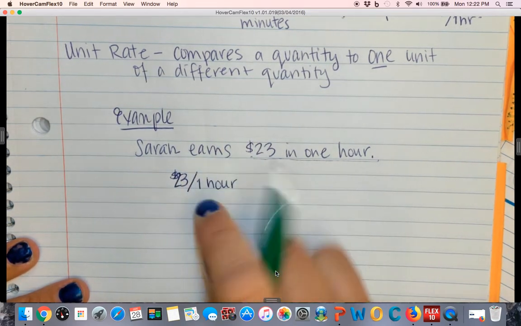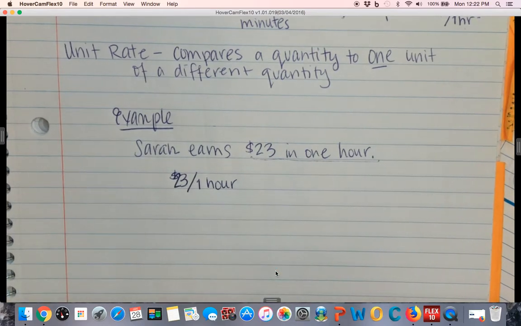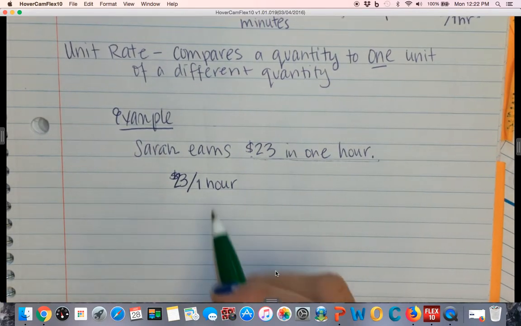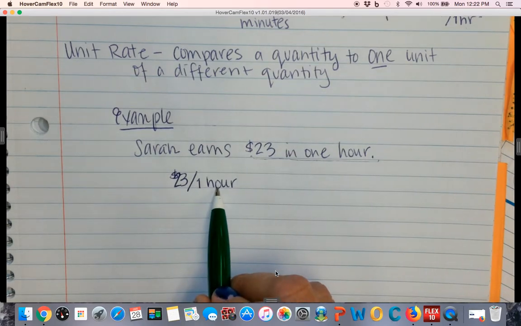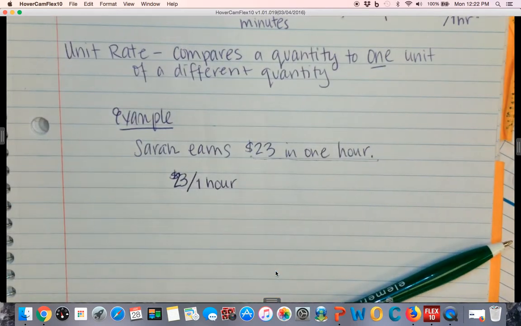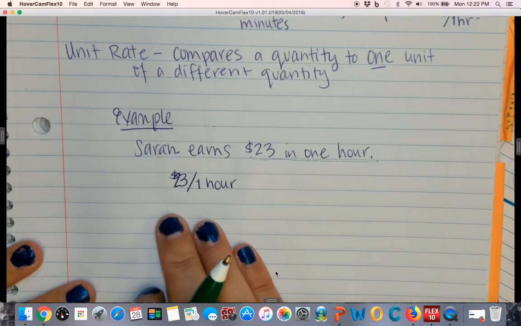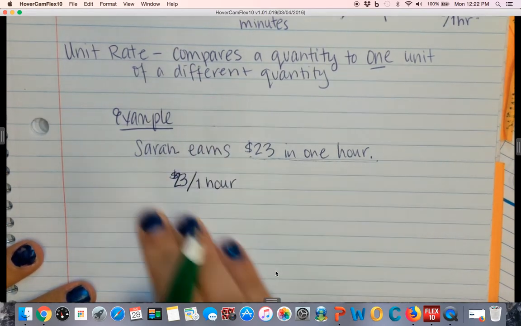And you either have to have the 1 on the bottom or the unit. If you are answering a question about a rate, you have to have 2 numbers, or at least per something. If you just have 23, your answer will be incorrect. That will make more sense once we actually start solving. So if Sarah earns $23 in 1 hour, that's her unit rate.